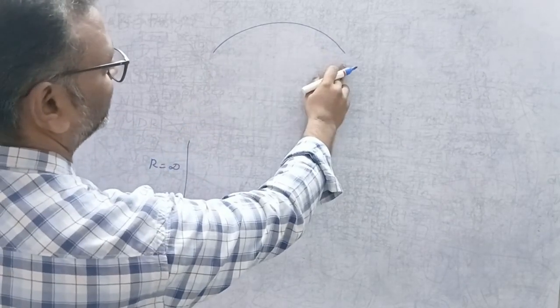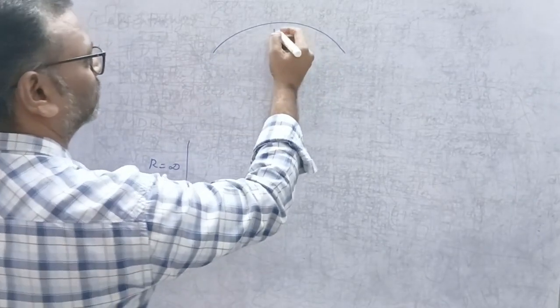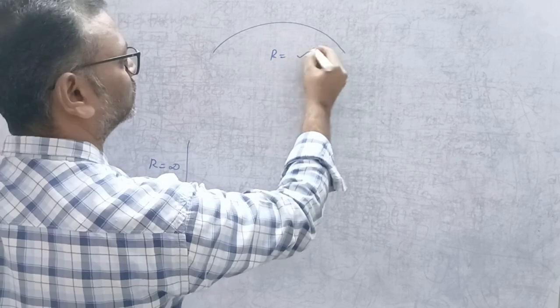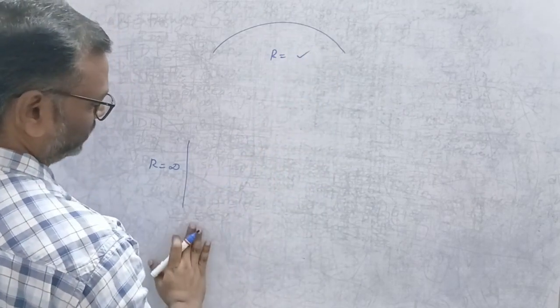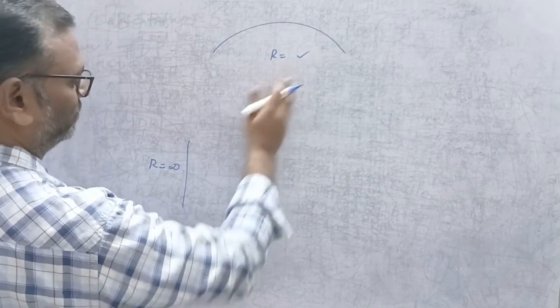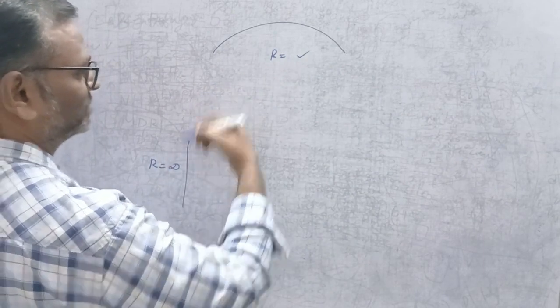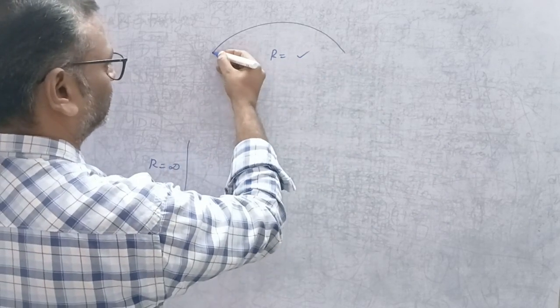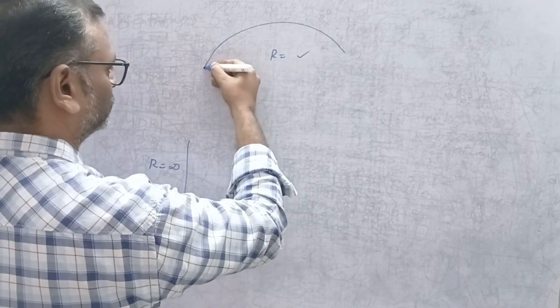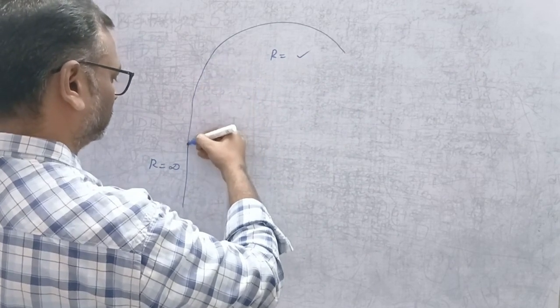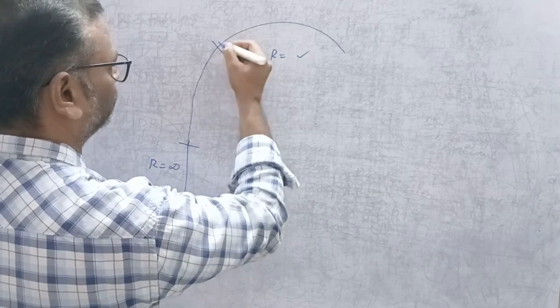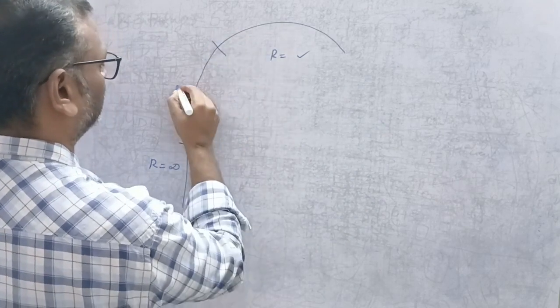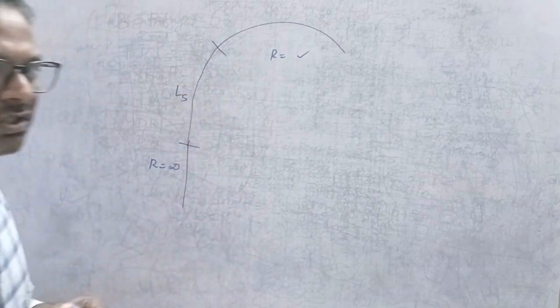And there is a finite radius for a horizontal curve, some R is there. So suddenly going from infinite to finite is not possible. So we need a transition from straight line to curve. That smooth transition from here to here is called a transition curve.